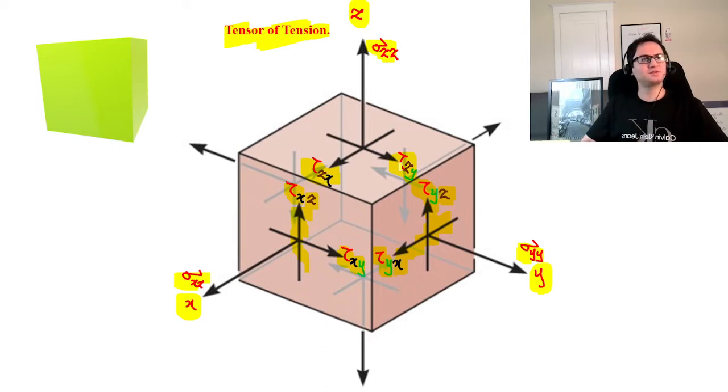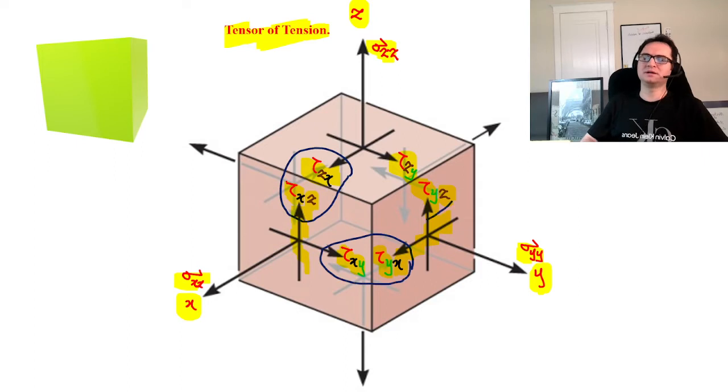The other interesting fact about the tensor of tensions is that they are mutually equal: tau xz is equal to tau zx, tau zy is equal to tau yz, and tau xy is equal to tau yx.